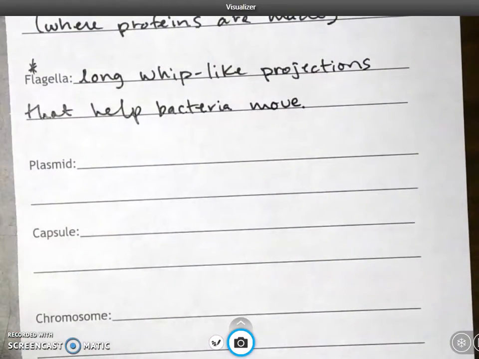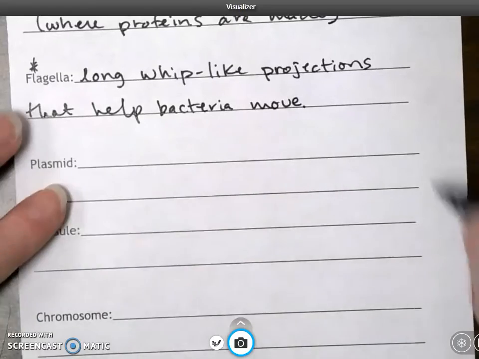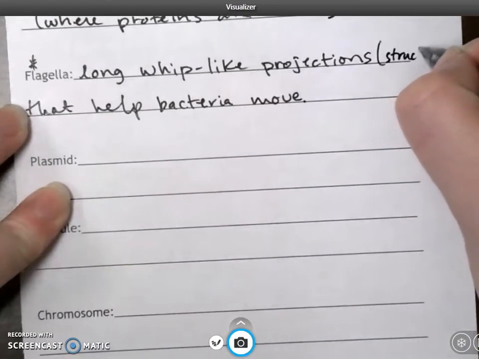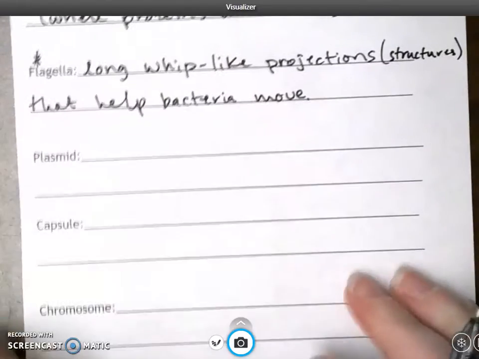Okay, long whip-like projections or structures, you can use that word too, that help the bacteria move.